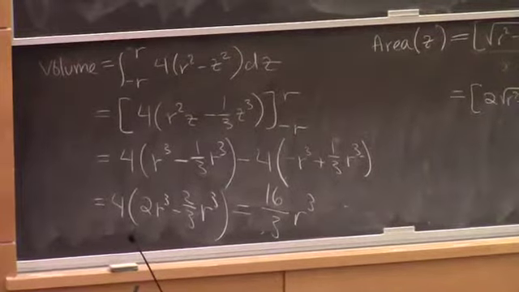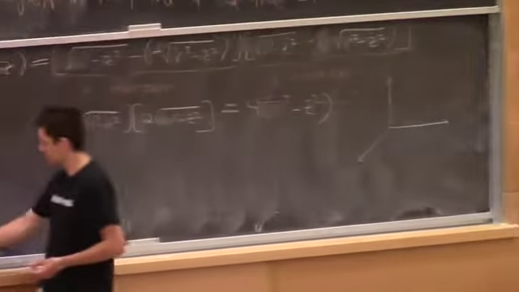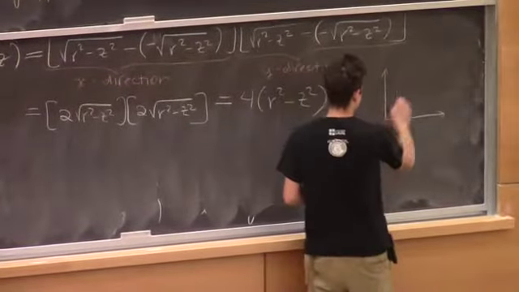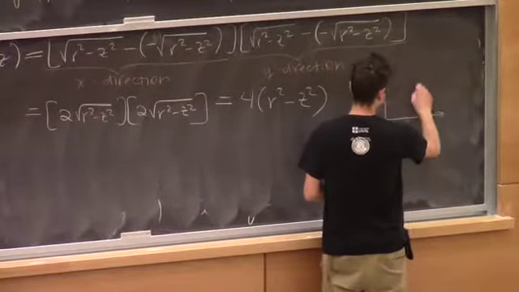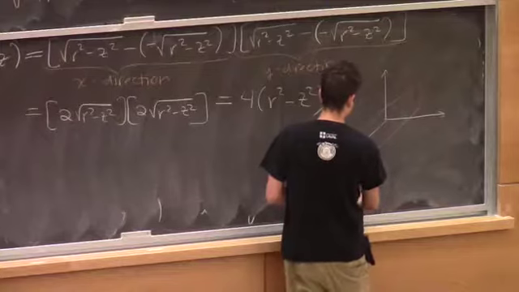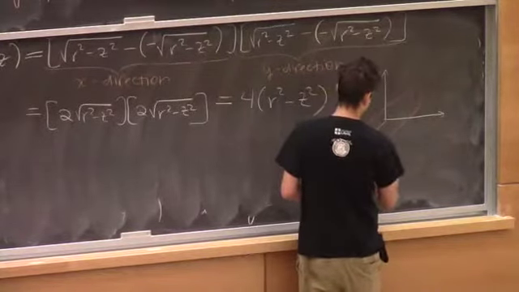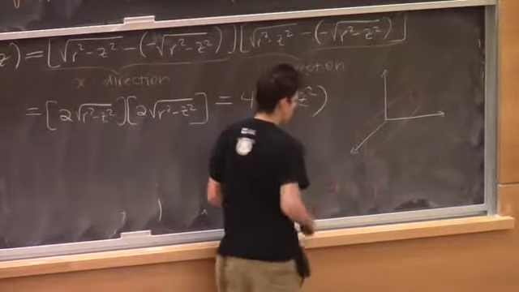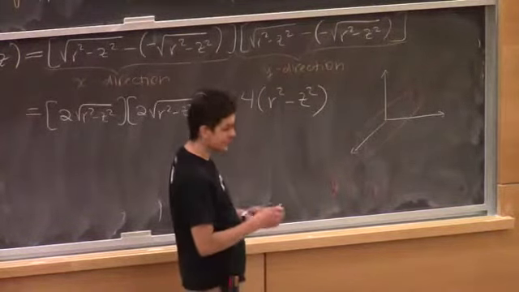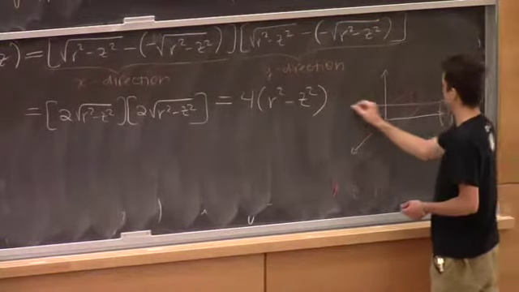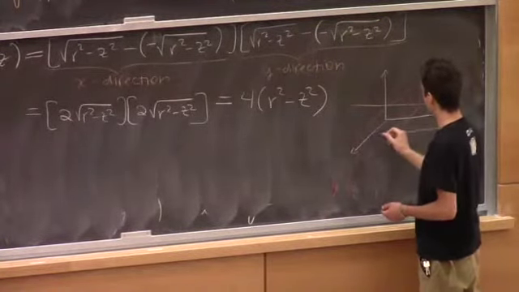So the shape of the thing, quite hard to draw, looks something like this. There's y squared plus z squared is r squared. Now, in the other direction, we've got another tube coming this way.